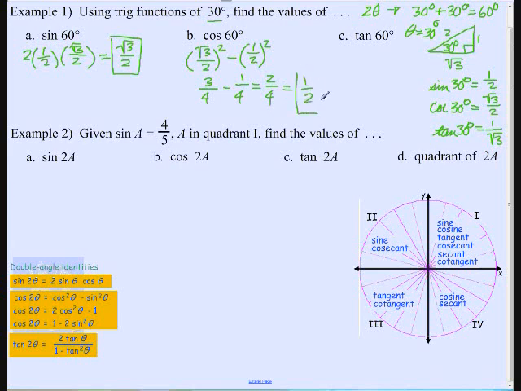Makes perfect sense. And then the tangent of 60 degrees is the sine of 60 degrees over the cosine of 60 degrees.